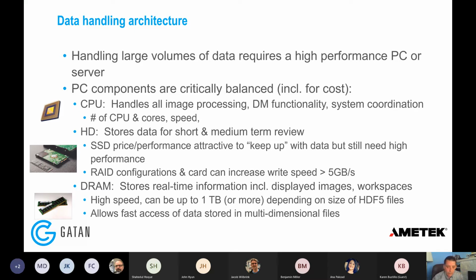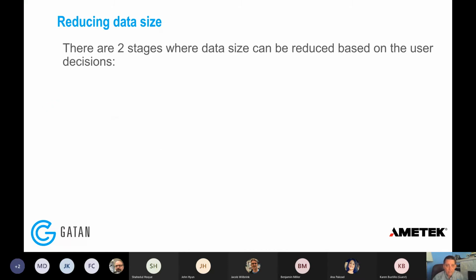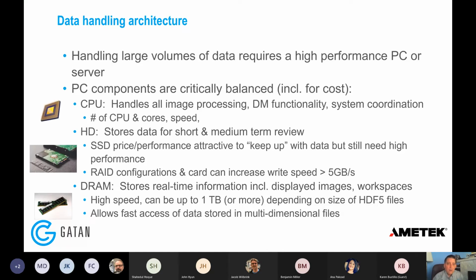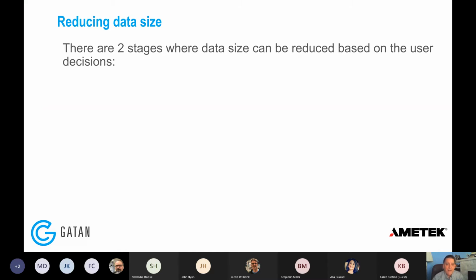If you want to load, for example, a multi-dimensional file, typically it would be loaded into RAM, so you can have quick access to it. So you need a considerable amount of RAM on these as well. So this is just the infrastructure to give you the ability to store your results, really. You don't want to lose your results.